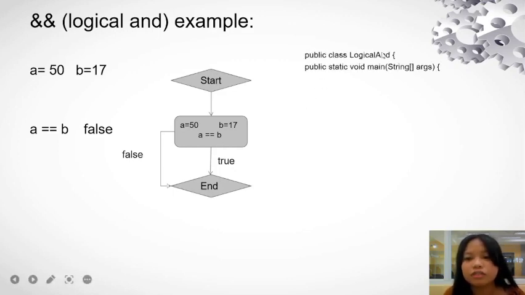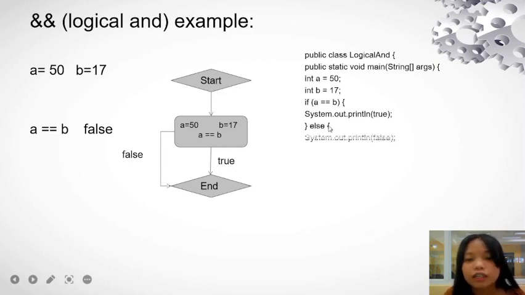Our class name is Logical AND and our main method is public static void main, String args. Our data type is int. A is a variable and our value is 50. Same with B. If A is equal to B, it will print true. If not, it will print false.